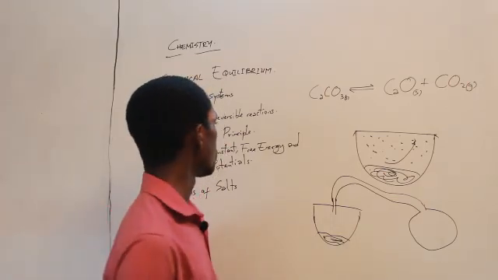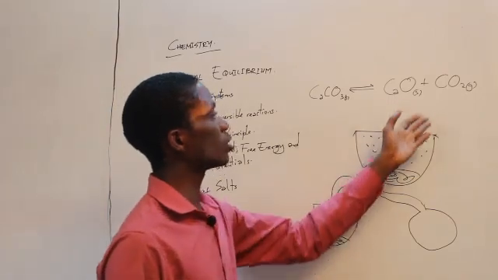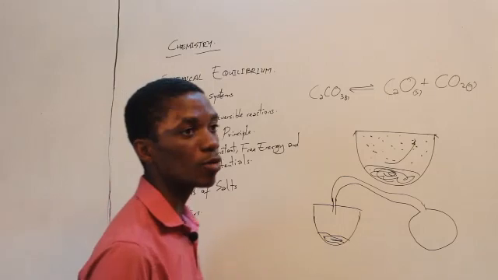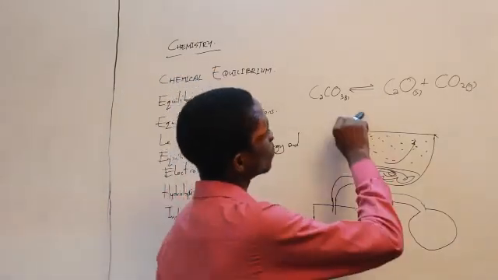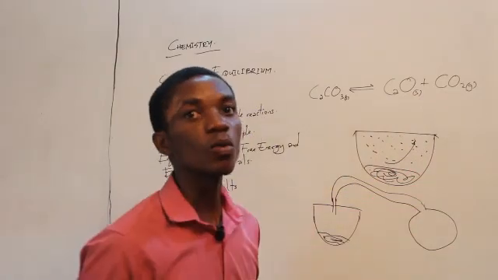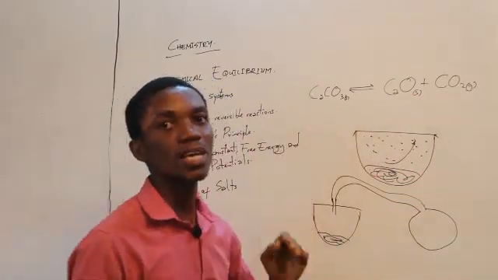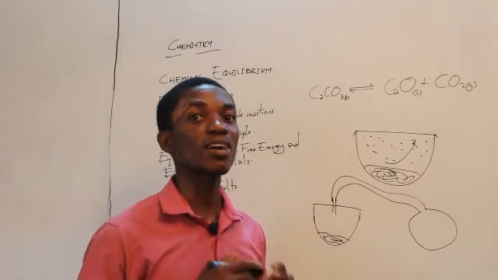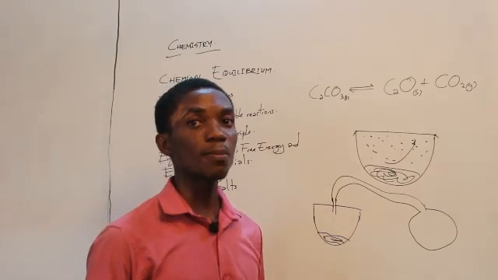So this is how it works in a particular reversible reaction. For equilibrium, when it gets to a particular point in time, the rate at which the forward reaction is happening will be the same rate at which the backward reaction is happening. At that point, we say we have attained equilibrium.